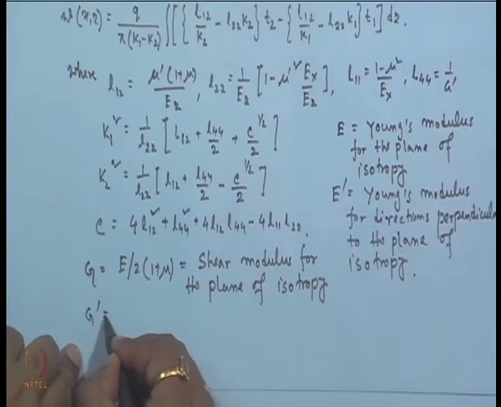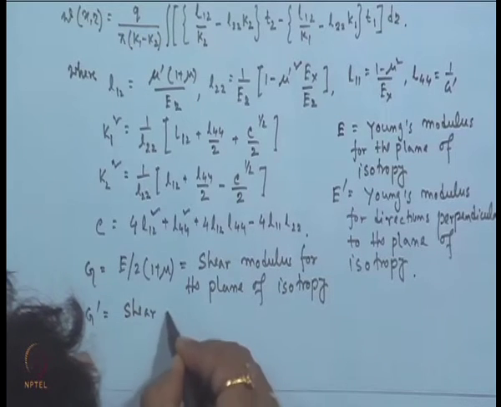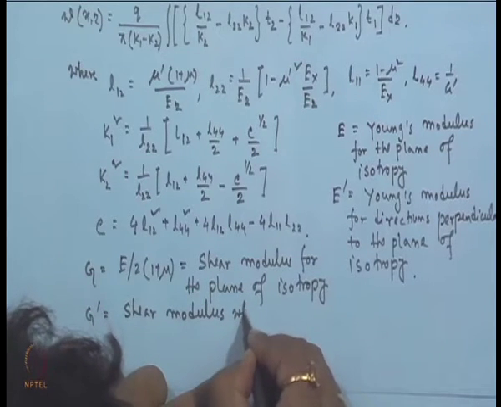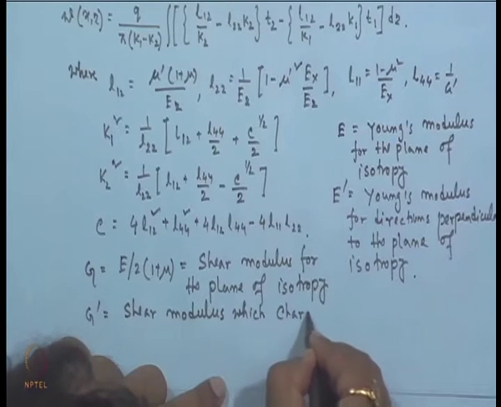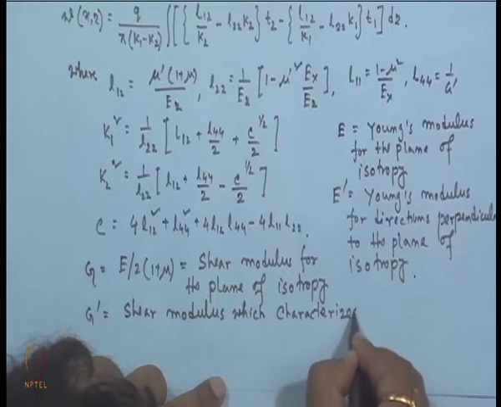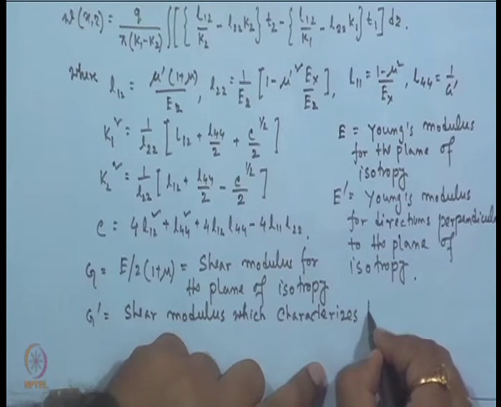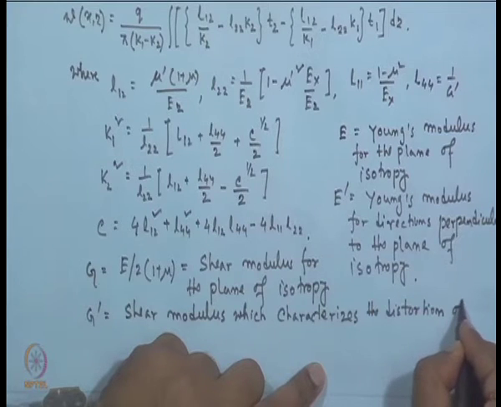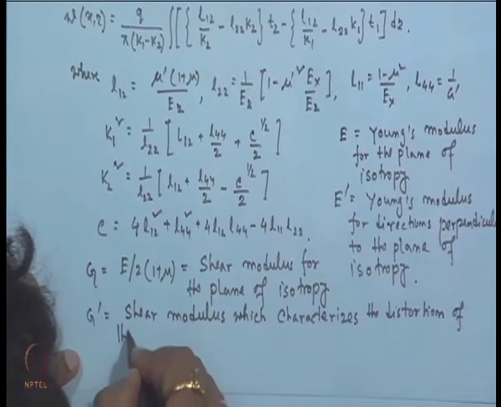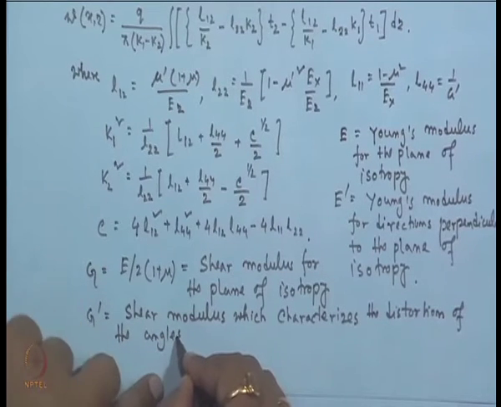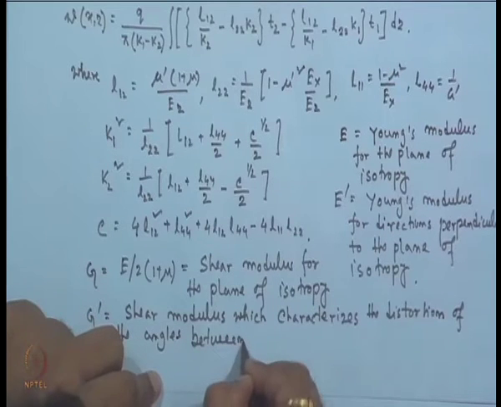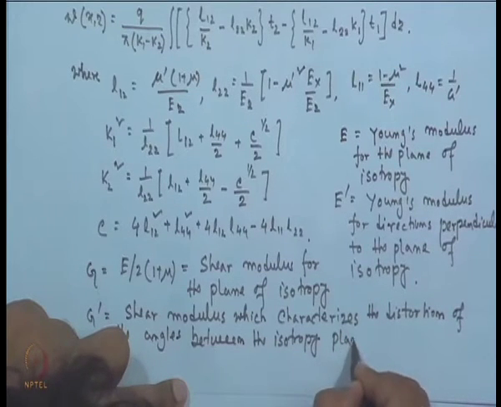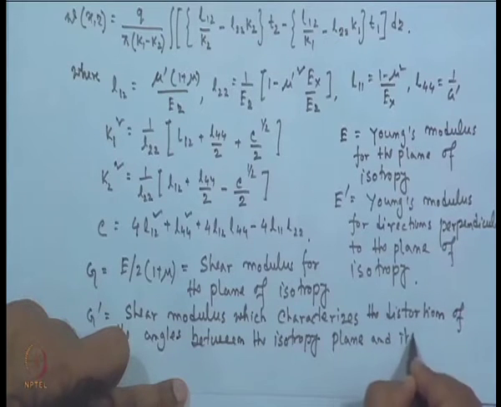Similarly, G dash will be the shear modulus which characterizes the distortion of the angle between the isotropy plane and its normal.